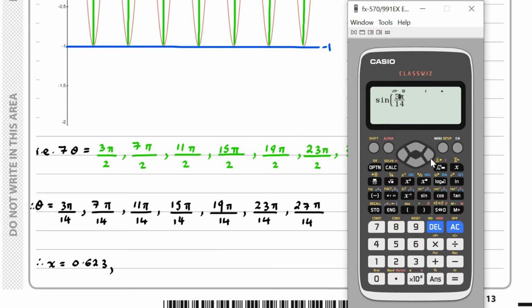Then we've got 7 pi over 14, so that's the 1, which we've already found. Then we've got 11 pi over 14, so that's a repeat of this. Then we've got 15 pi over 14, so that's minus 0.223. And then we've got 19 pi over 14, so that's minus 0.901.